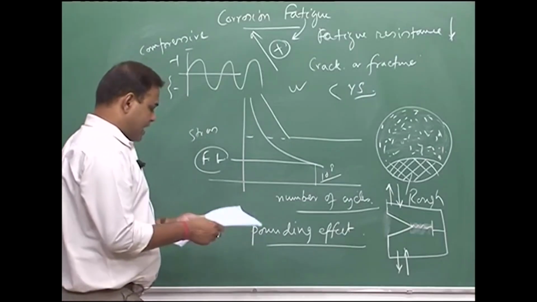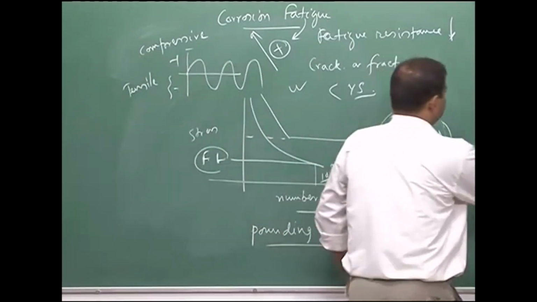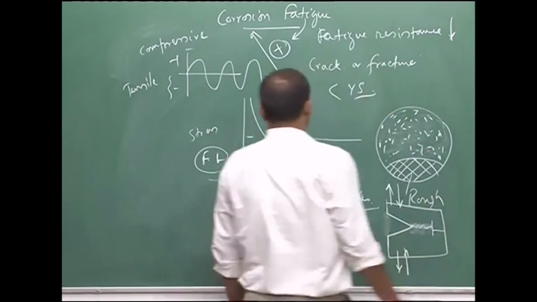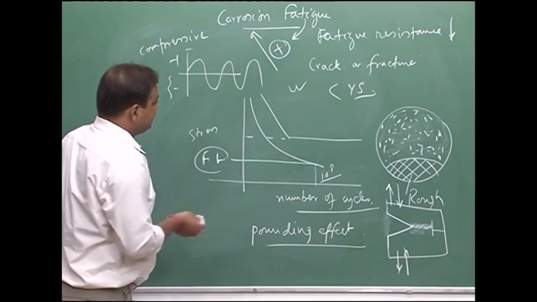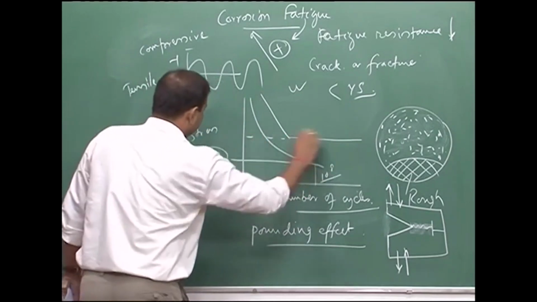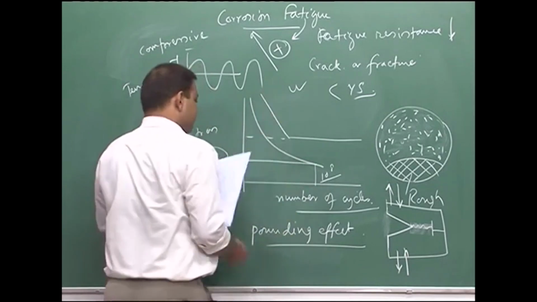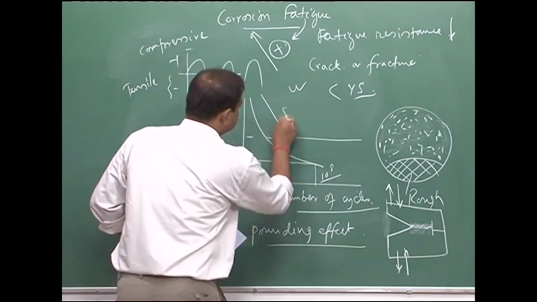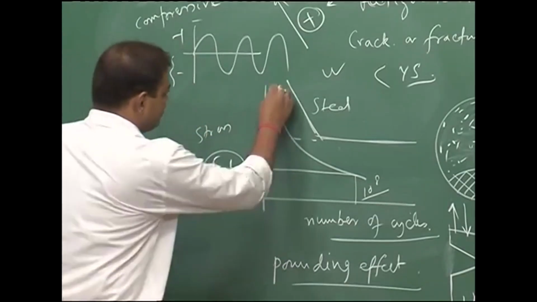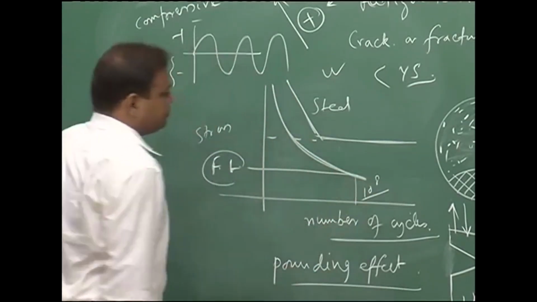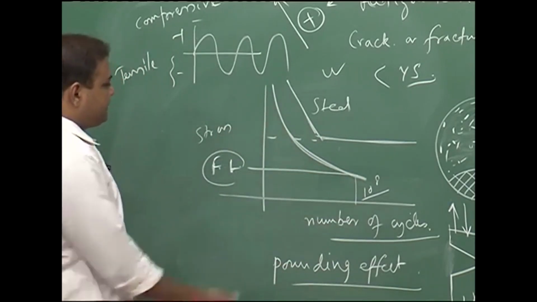Now, what could be the mechanism? Generally, when we come to see corrosion fatigue, in case of steel, instead of having a well defined fatigue limit, we can have this nature. For example, steel without the presence of corrosion has this nature, and this is for non-ferrous metals and alloys, where you have a smooth fatigue curve.